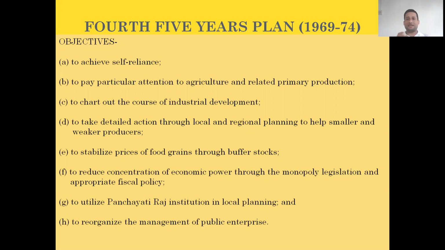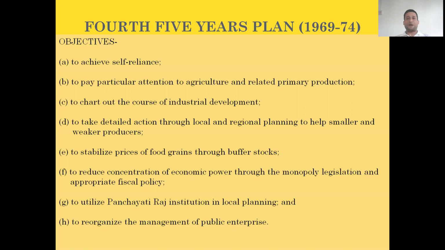So the primary sector was given priority. At the same time, the industrial sector was also one of the key agendas. Local and regional planning was given more emphasis at the time, and the concept of buffer stock was decided to be introduced.